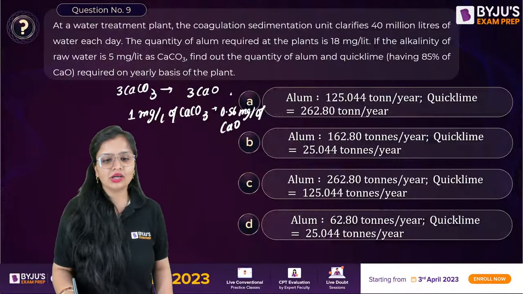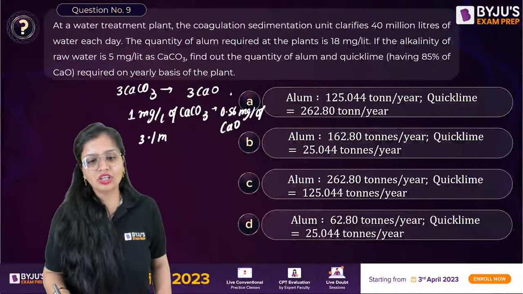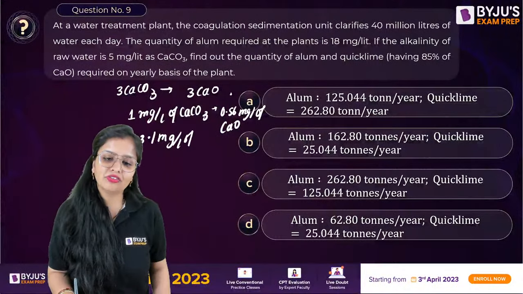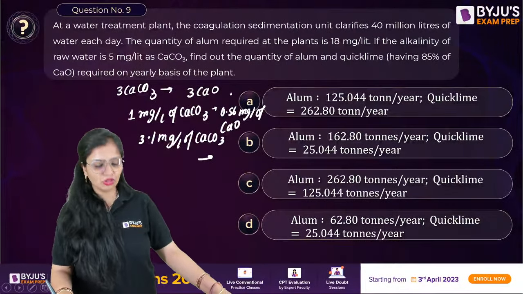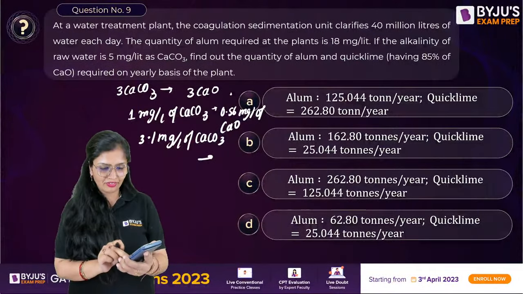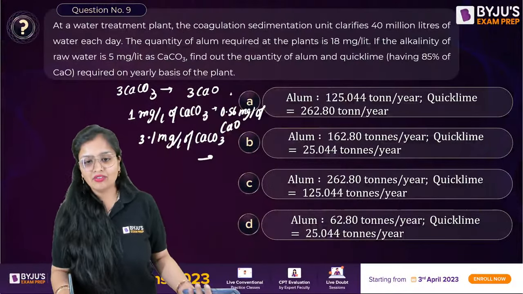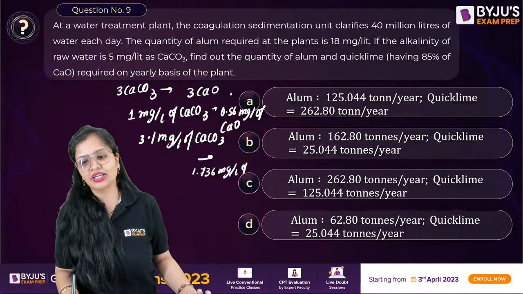For 3.1 mg per liter of calcium carbonate, how much calcium oxide is required? Simple, 3.1 into 0.56, which is 1.736 mg per liter of calcium oxide.